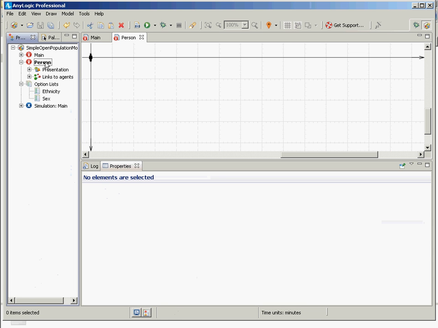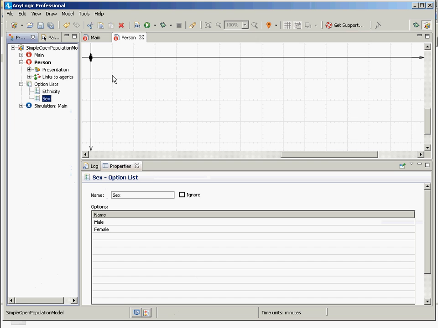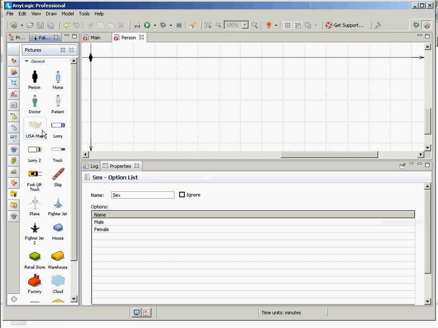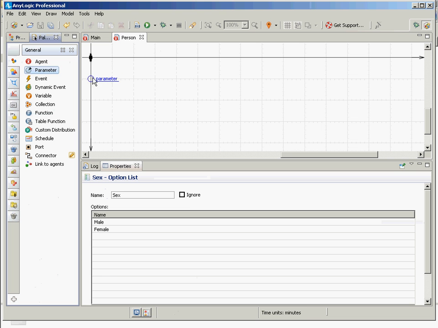Okay, so how are we going to add a sex and ethnicity to this person? How are we going to have each person have a sex and ethnicity? Anyone? Okay, add them as a parameter. Good. So parameters are up here in the general properties. We're going to add a parameter.